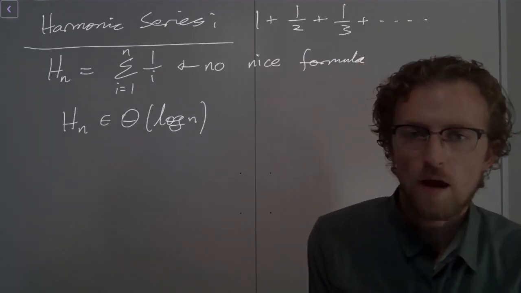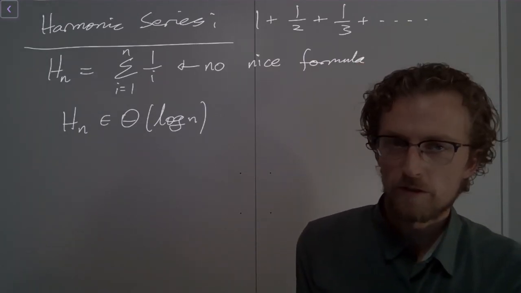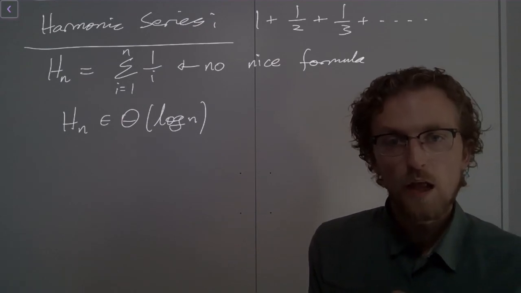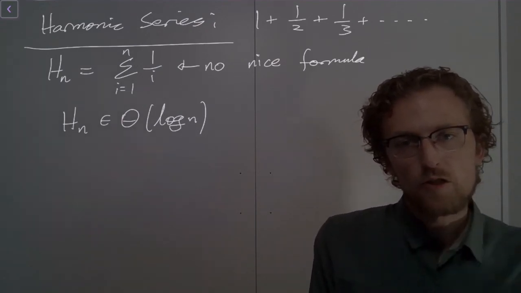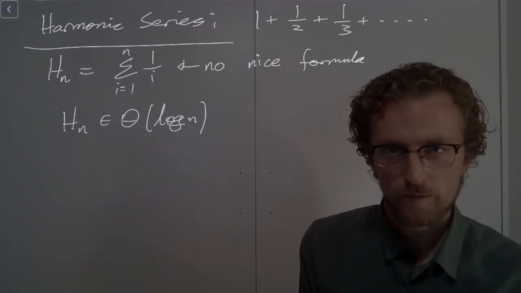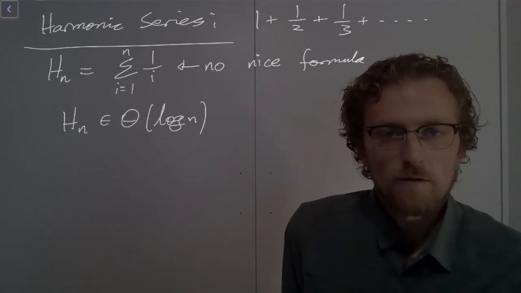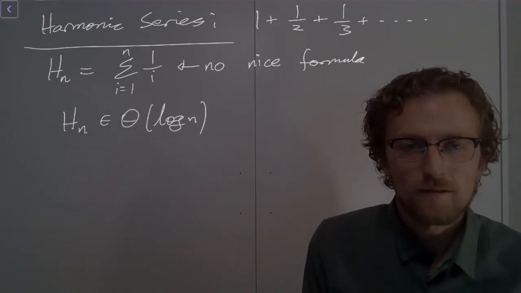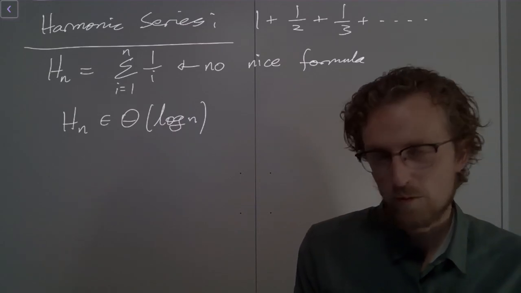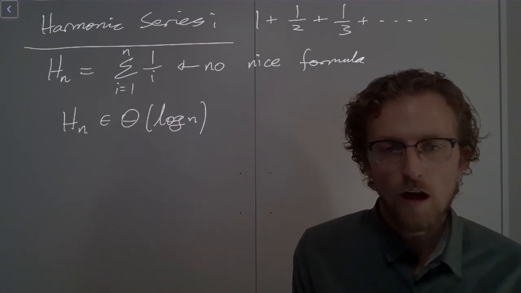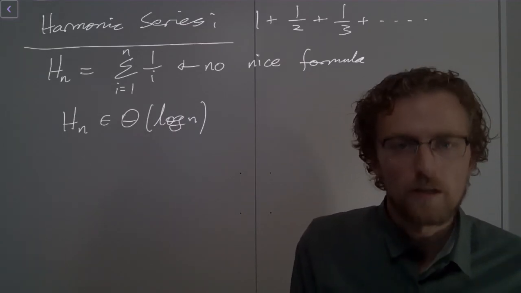So Hn doesn't have a nice formula to it, but if you were to plot this, it would be shaped just like the log function, which is a strange and deep consequence of some cool stuff in math. Not at all obvious up front, but it turns out to be true.